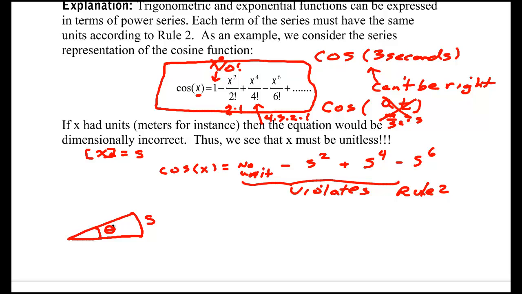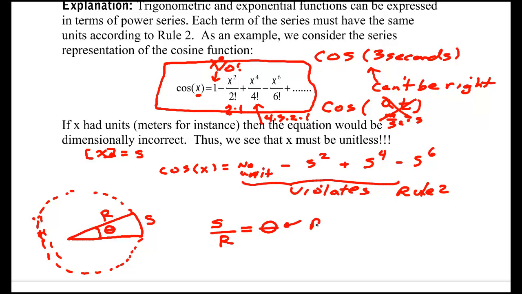If you take this length and divide by that radius in a circle, not a very good circle, you can define that as an angle, and that is called the radian. So the definition of a radian is for a given angle, it is the length of the arc divided by the radius. This is in meters, this is in meters, and meters divided by meters cancels and is unitless.